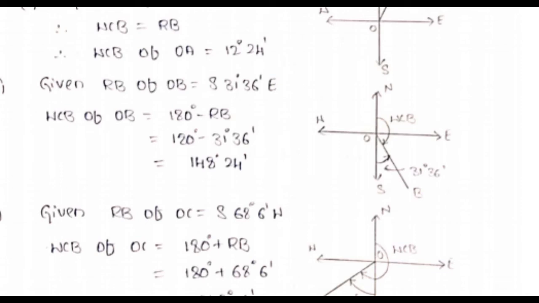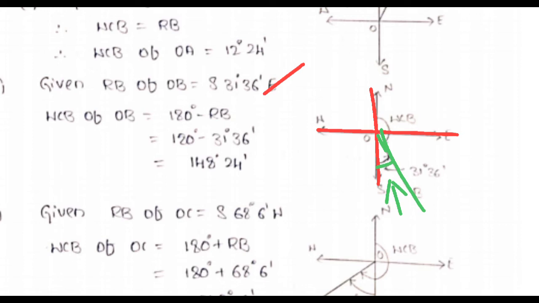Whereas coming to the second one, based upon the value, south 31 degrees 36 minutes east, first we will draw the coordinate system, and then we will draw the line which has a reduced bearing angle, south 31 degrees 36 minutes east, which is calculated from south.